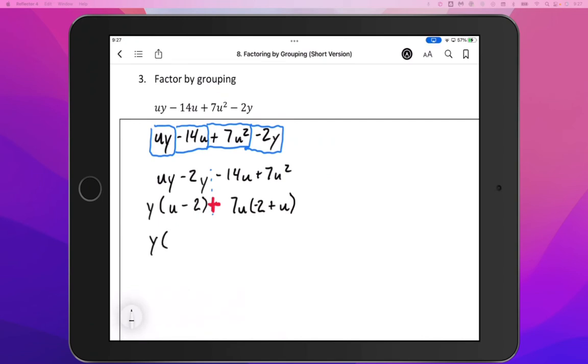So y times u minus 2 plus 7u times, I'm going to rewrite this as u minus 2. So again, that's equivalent to what I just had up there. And then I'm going to notice that u minus 2 is common to both of them, so that's going to get factored out.